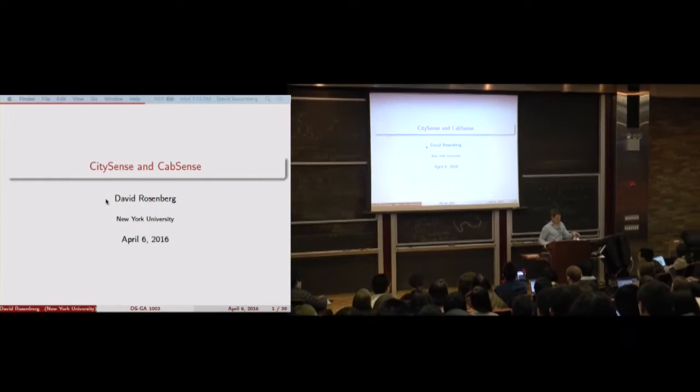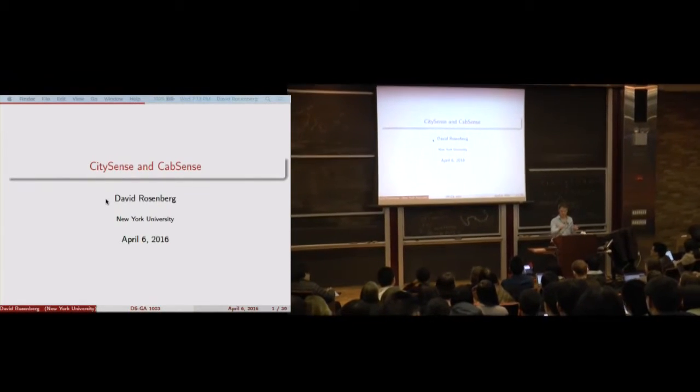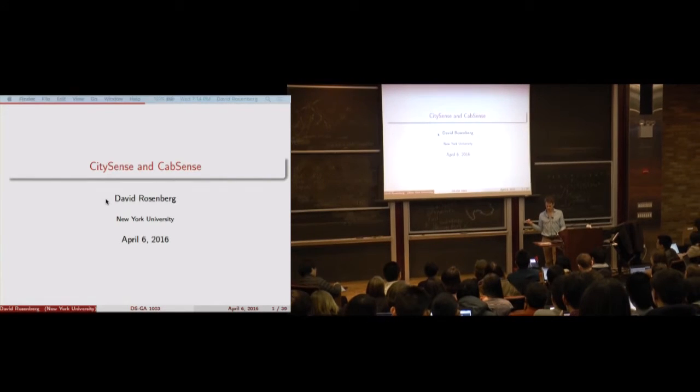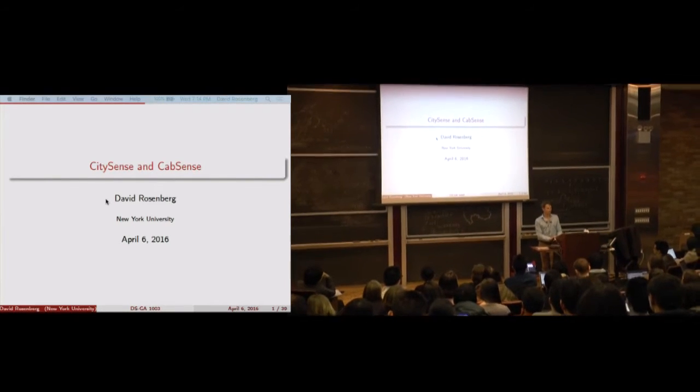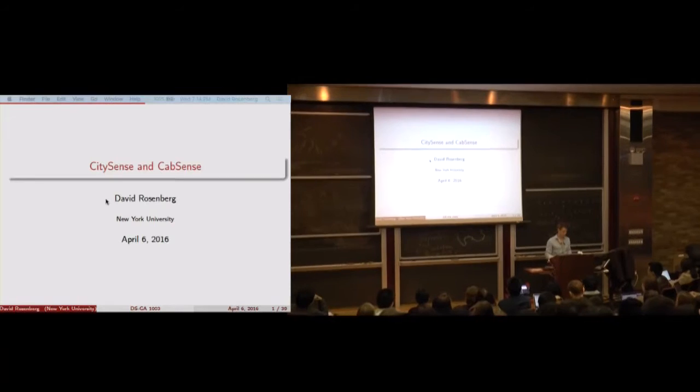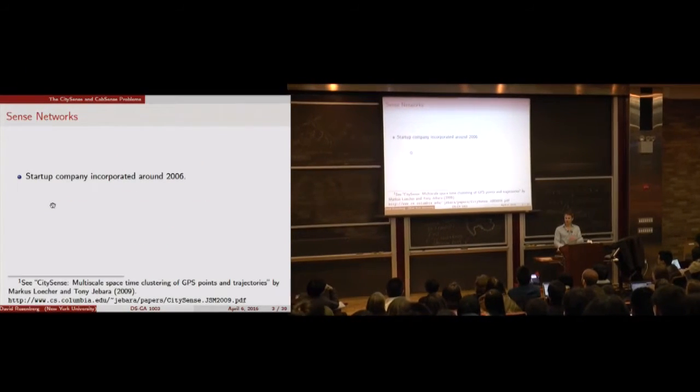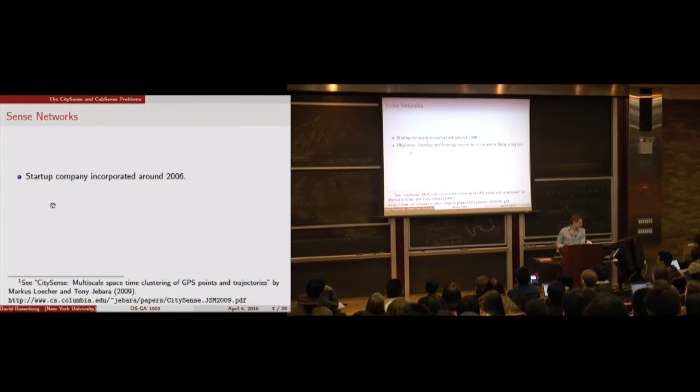OK. So as a motivation for doing this sort of thing, I'm going to talk about a project that some colleagues and I worked on a few years ago at a startup company called Sense Networks. Started in 2006. The idea was to be the experts in location data.